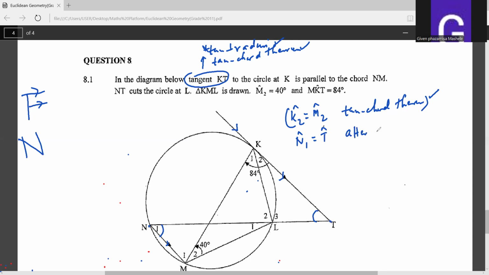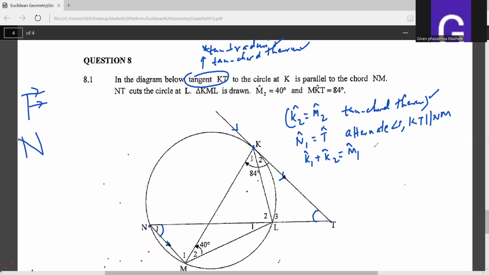And you must be careful, guys. Alternate angles, such that you must pick the condition that KT is parallel to NM. Do you have another Z? Yes, we do. From K to T, K to M, M to N. So angle K1 plus angle K2 is equal to M1.